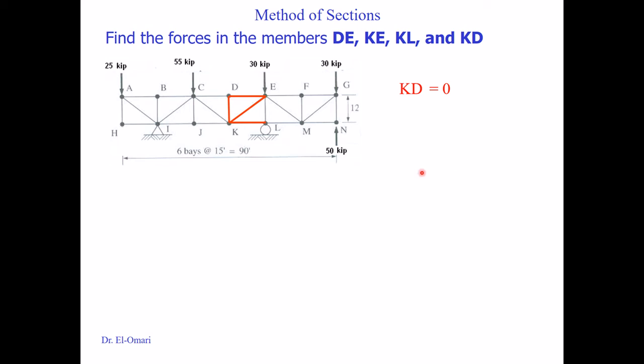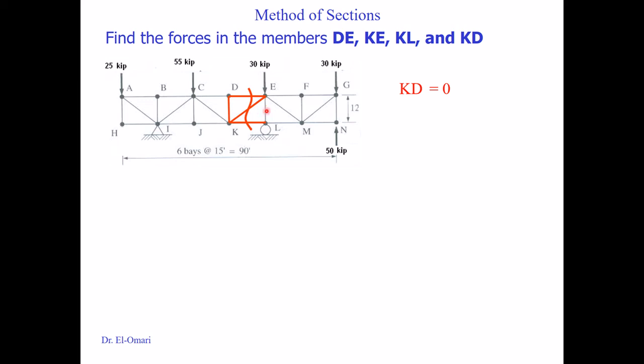So the following step, we need to find these three members. We take a cut in there, just disconnecting the whole truss into two pieces, and then we decide which side we would work with. Is it the right hand side or the left hand side?